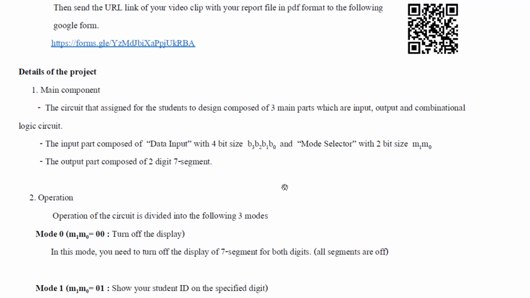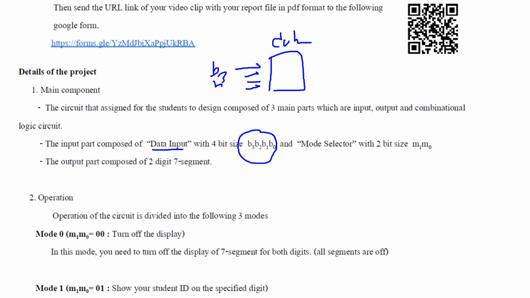The circuit is composed of 3 main parts, namely the combinational circuit, input, and output. The input is a 4-bit data input, let's say B3, B2, B1, and B0.